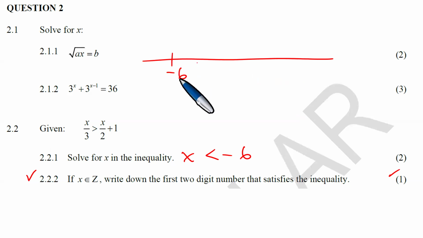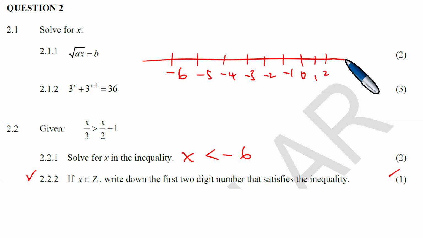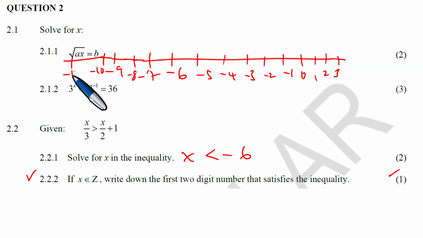So you can put -6 here, -5, -4, -3, -2, -1, 0, 1, 2, 3, and so on. And then you can put -7, -8, -9, -10, and then -11.